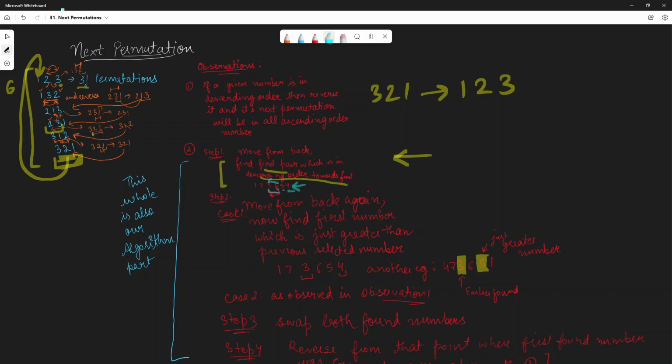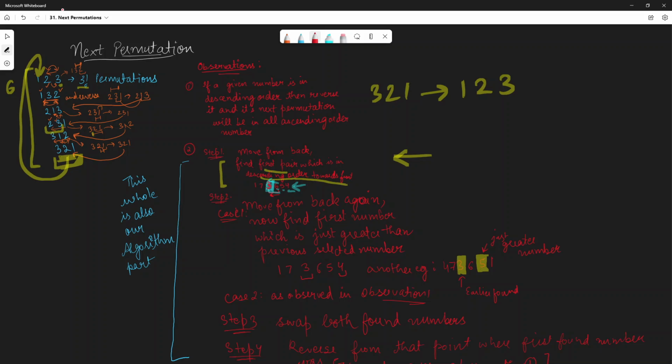And in this 6 and 3, we are required to capture the smaller one. So we will simply store this 3 with us.